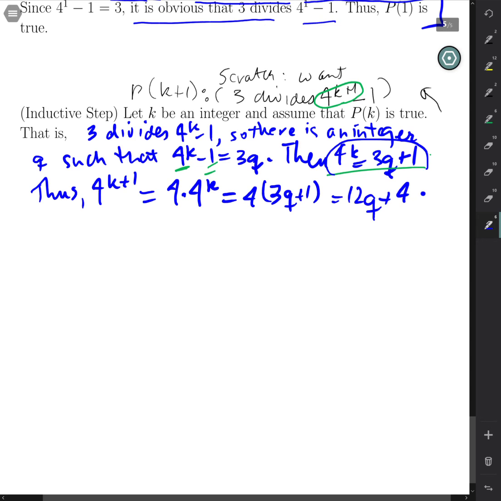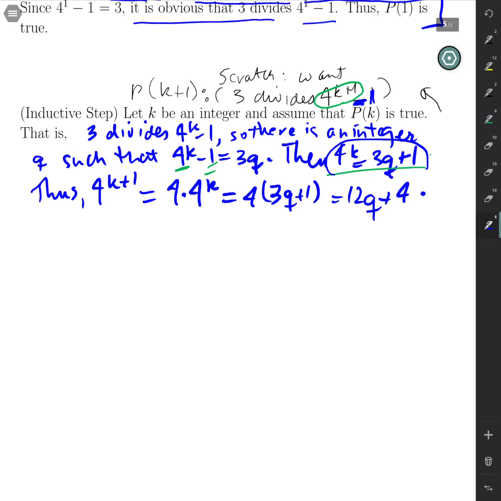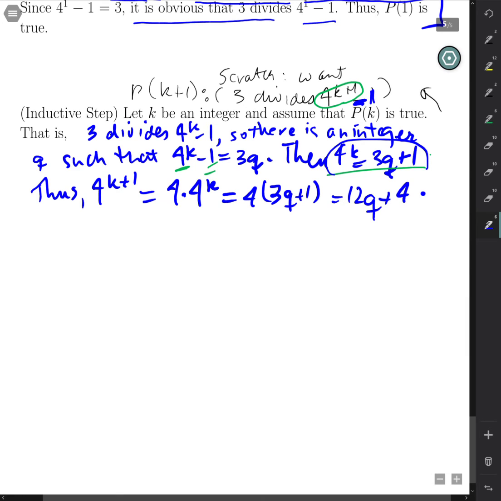So bear in mind what we want up here. We want a minus 1 there, 4 to the k plus 1 minus 1. So let's subtract 1 from both sides. Then 4 to the k plus 1 minus 1 is equal to 12q plus 3. Do you see I'm going to get a 3?